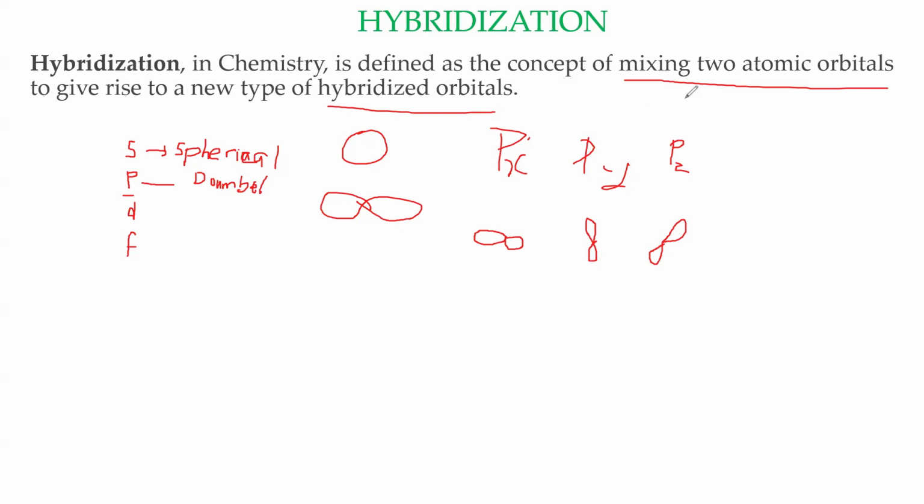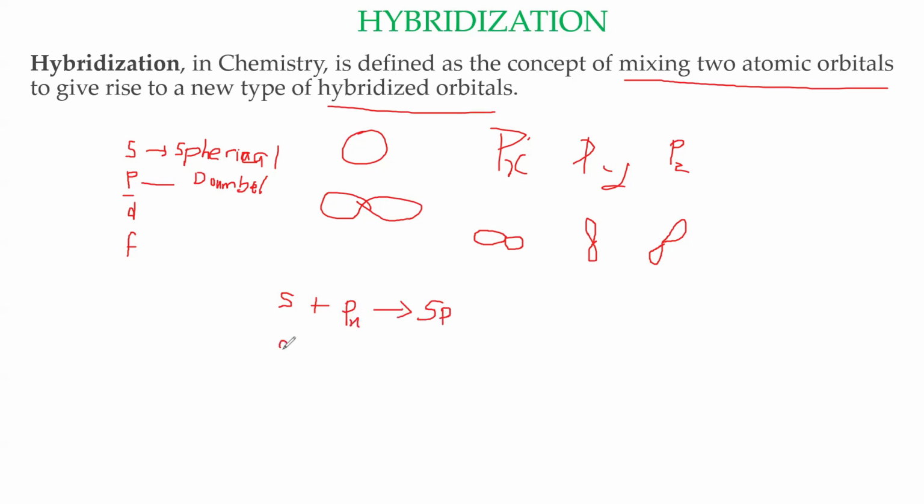When you say hybridization, it means you have these atomic orbitals mixed together to produce a hybrid one. Like when you have s and p, when s and p combine, they will produce what you call sp orbital. And then let's say this is px.